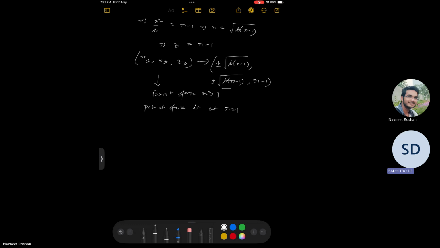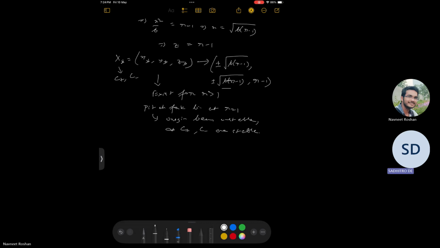At this pitchfork bifurcation, what happens is that the origin becomes unstable, and the other fixed points, which we call C plus and C minus, come into existence, and they are stable.